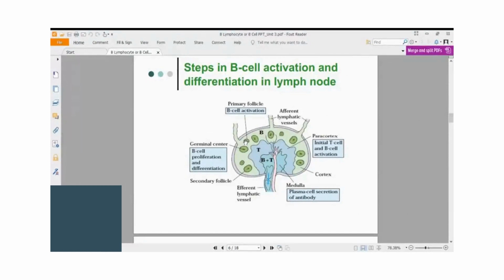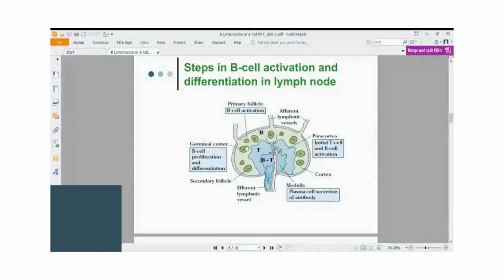So in the lymph node, we had mentioned that the primary lymphoid follicle will become a germinal center and becomes a secondary lymphoid follicle where the proliferation of the cells will take place, right? And those proliferated cells migrate to the central area, that is the paracortex area. So we had labeled the peripheral lymph node area as the light zone.